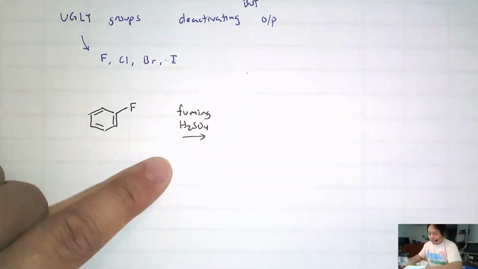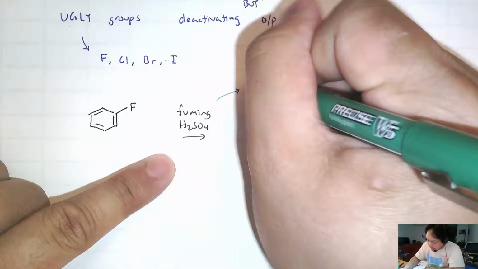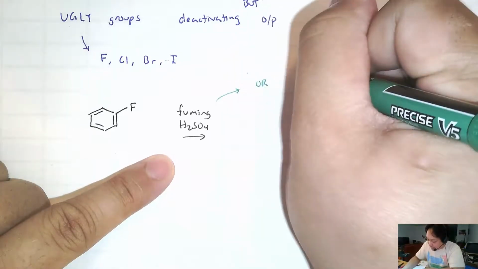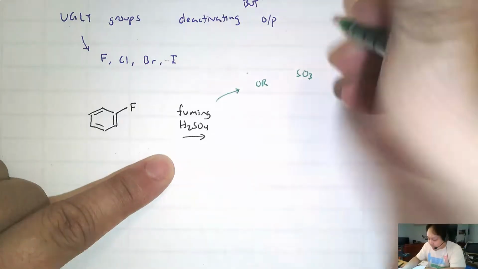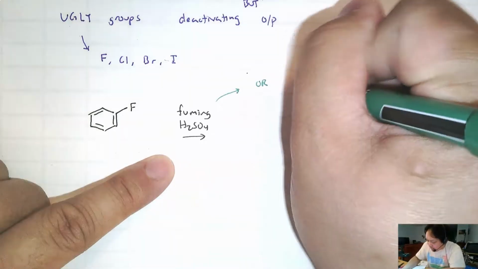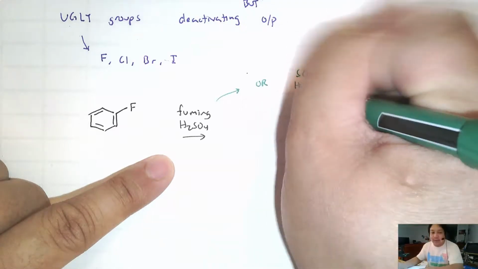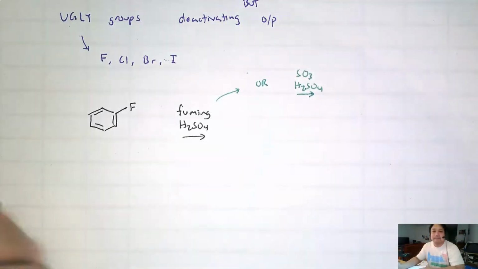Another way that you could do sulfonation is sulfur trioxide, with also sulfuric acid. So you could do it that way as well. Okay.